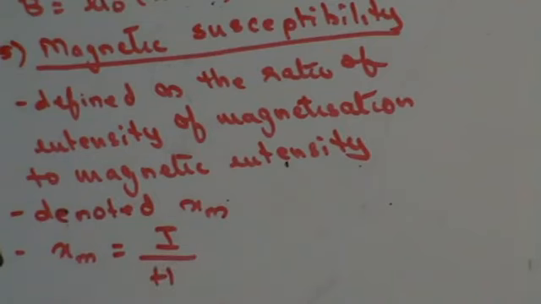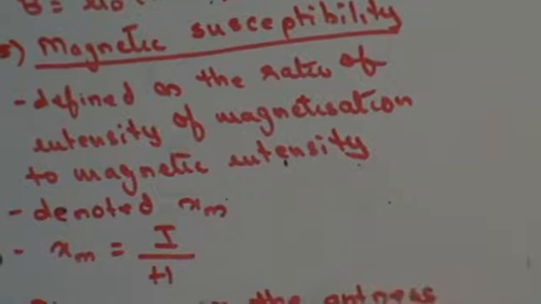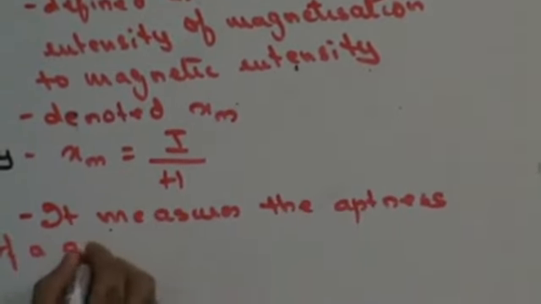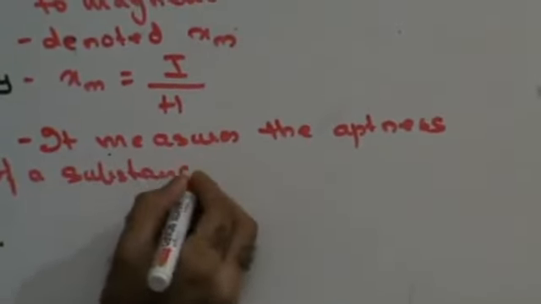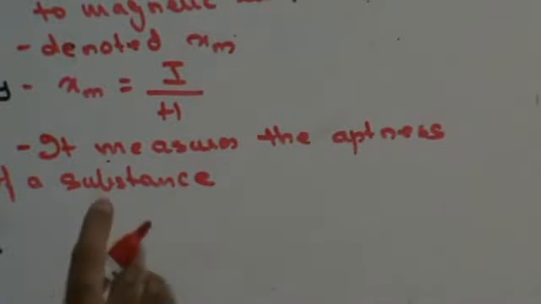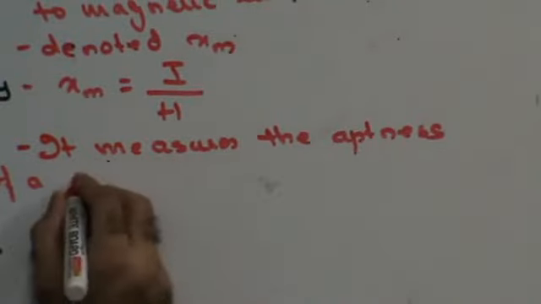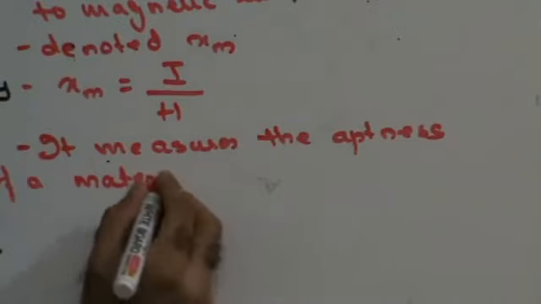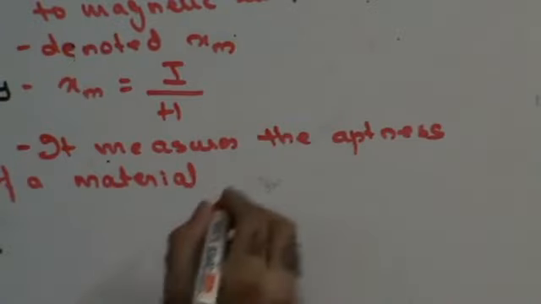Now what is magnetic susceptibility? It measures the aptness of a substance or material to acquire magnetism.